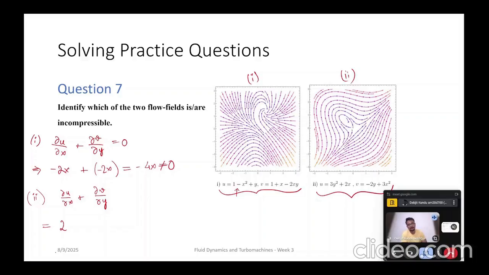And the derivative of v with respect to y, v is minus 2y plus 3x squared, so it should be minus 2.